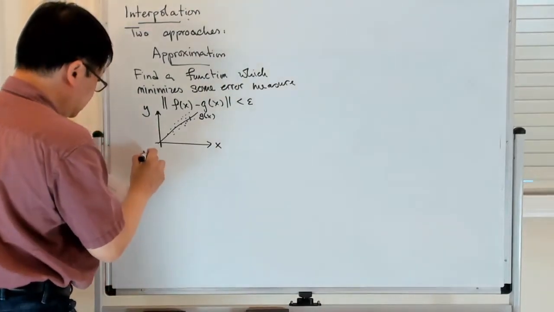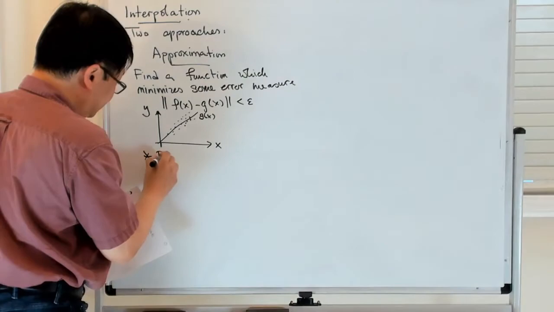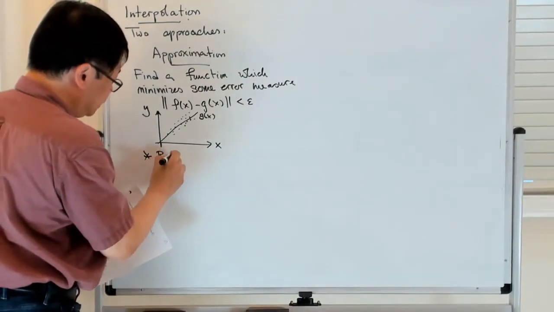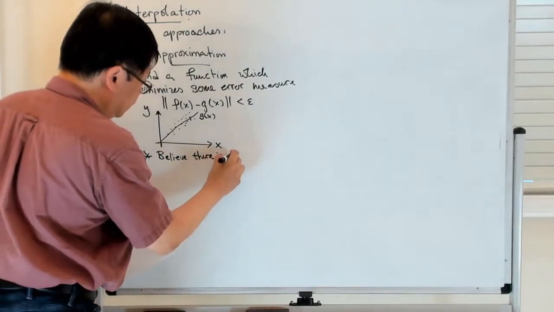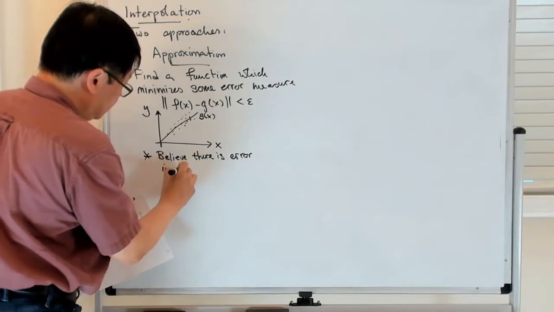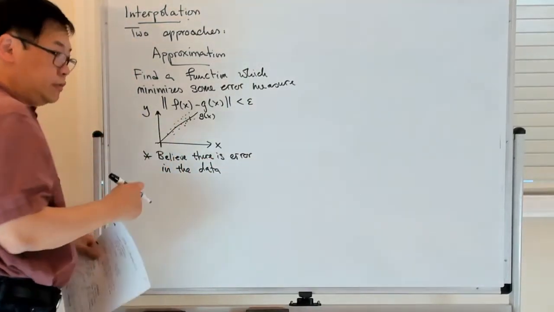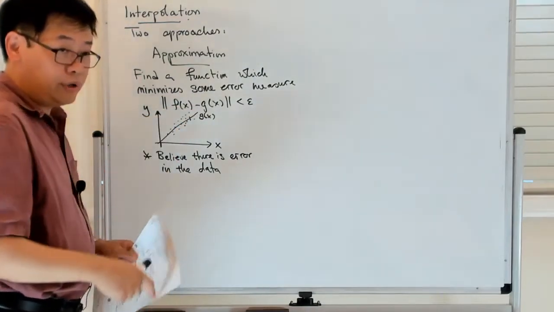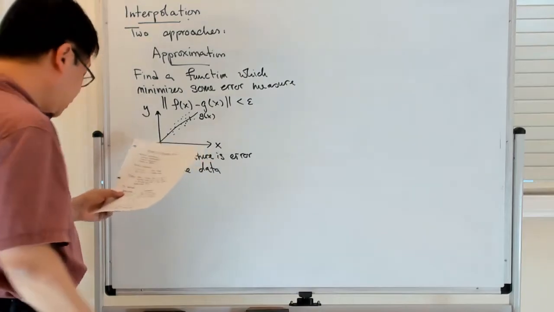This idea of approximation makes some sense when you believe that there is some error in the data. So you don't necessarily want the function which you construct to go through all the points, so you allow for the possibility that there's some sort of error.